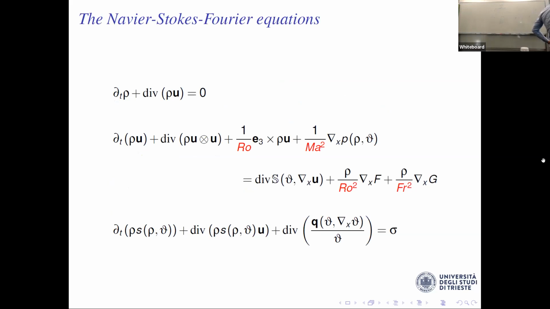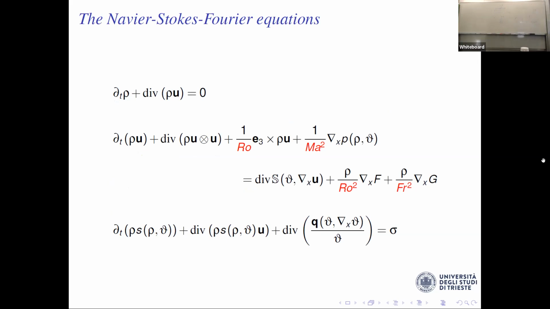Now I will present the equations that are called the Navier-Stokes-Fourier equations. To be precise, the equations are called the full Navier-Stokes-Fourier equations. We have the continuity equation, that is the equation for the density rho. We have the momentum equation for the velocity field u. Here you immediately recognize the Coriolis term.